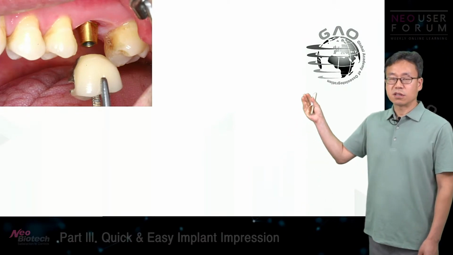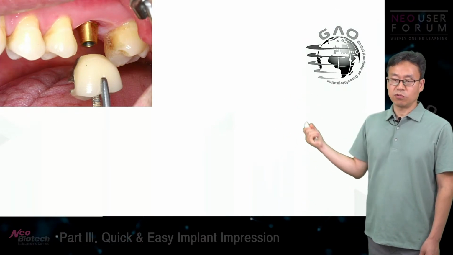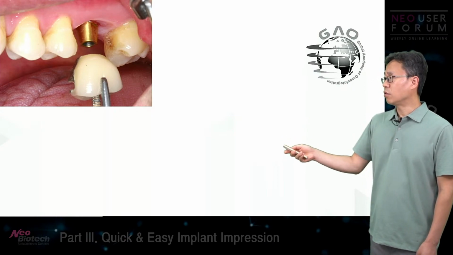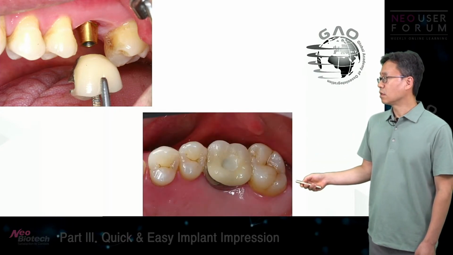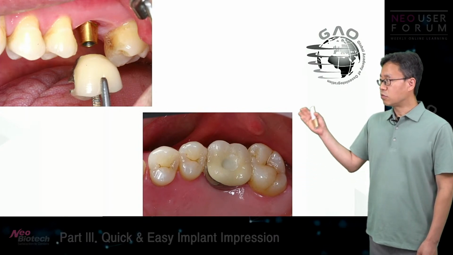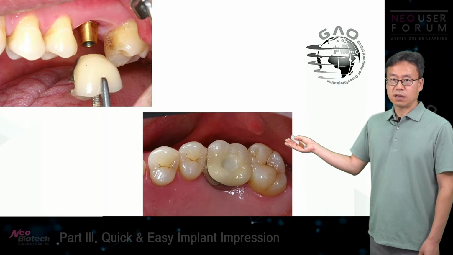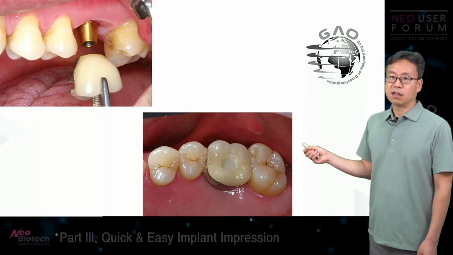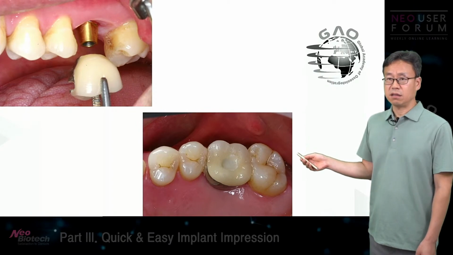Sometimes there's a temporary on, so you need to remove the temporary, and then all you need to do is deliver this crown. It's so simple, isn't it? It's a strain reduced impression, and the prosthetic part is also quite convenient and handy.